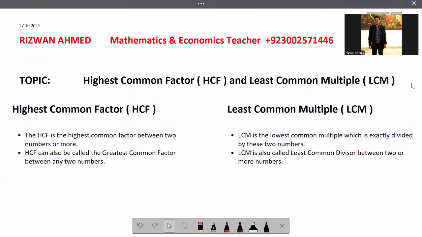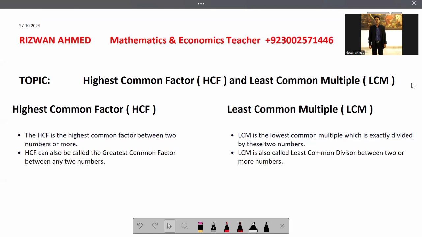So our new topic today is highest common factor, that is HCF, and the least common multiple, LCM. The main difference between them is that the HCF is the highest common factor between two numbers or more.